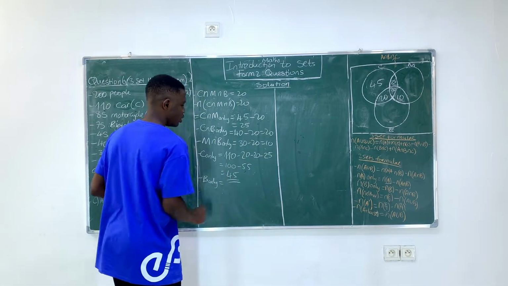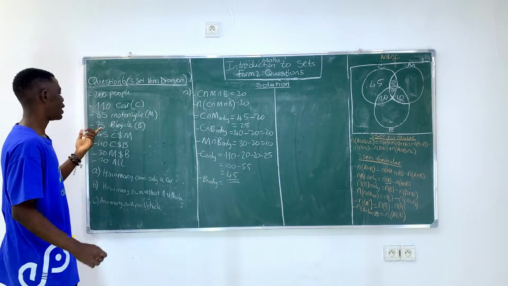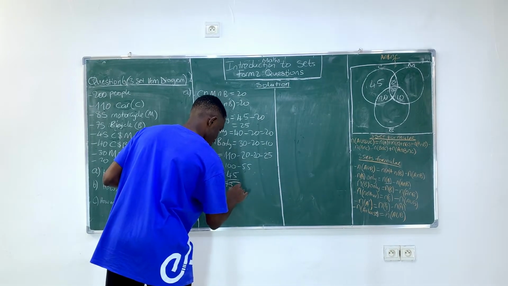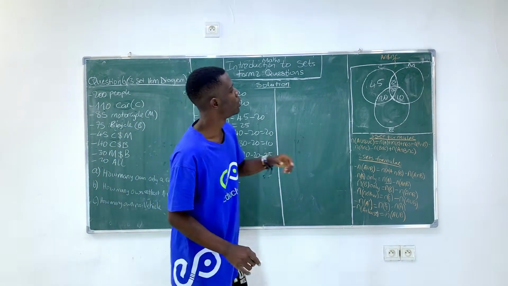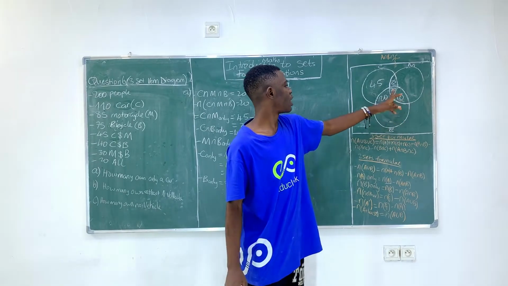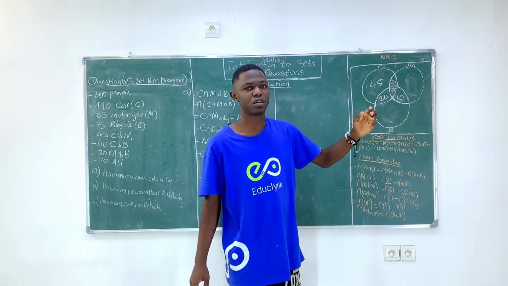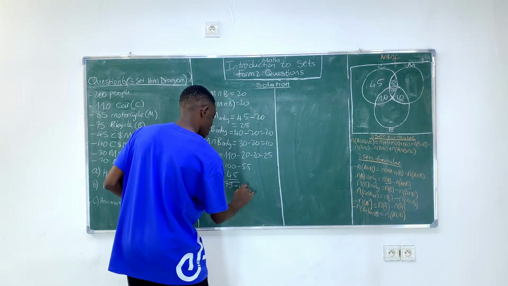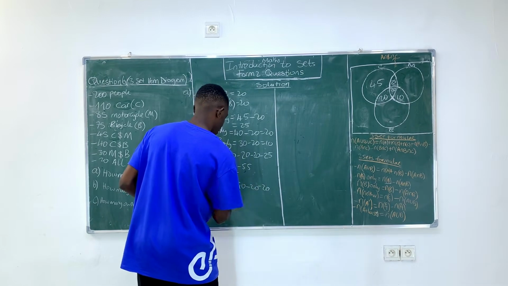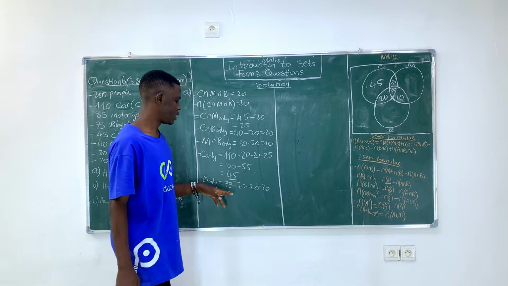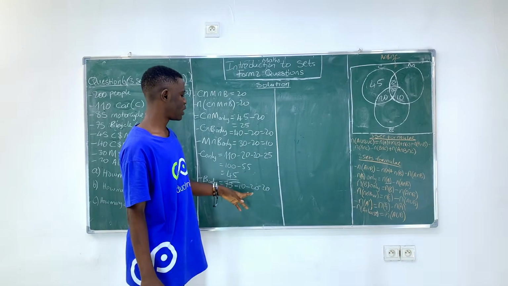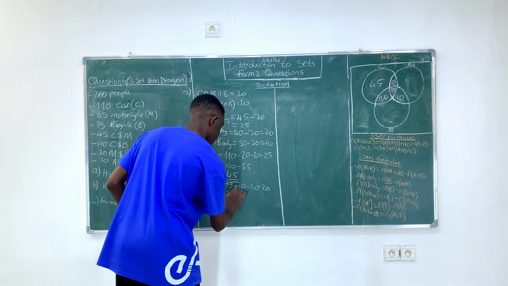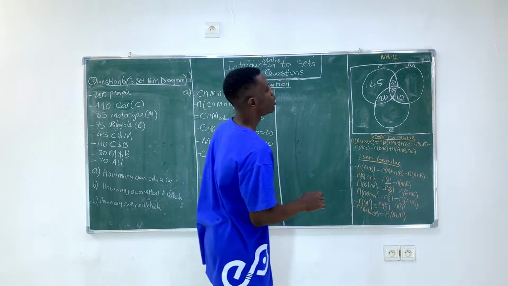B only, you do the same thing, you take our total B, which is 75, minus every intersection that concerns B, which is 10, 20, 20. 75 minus 10, minus 20, minus 20, that is 75 minus 50, which is 25. So I write B only as 25 here.